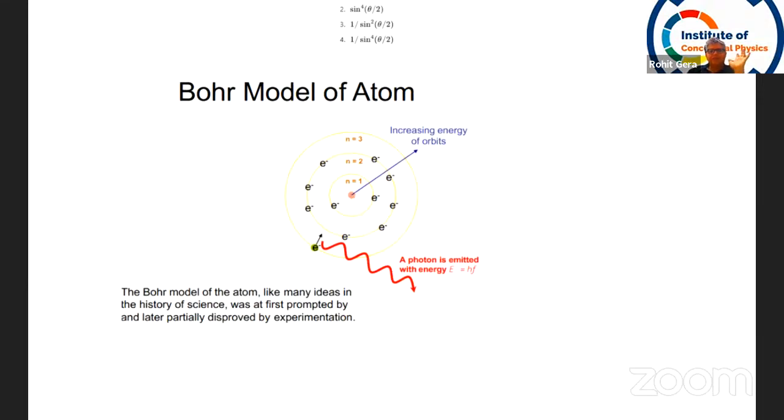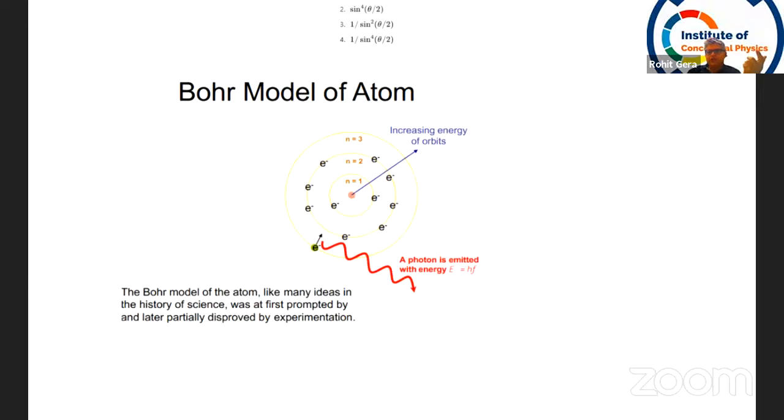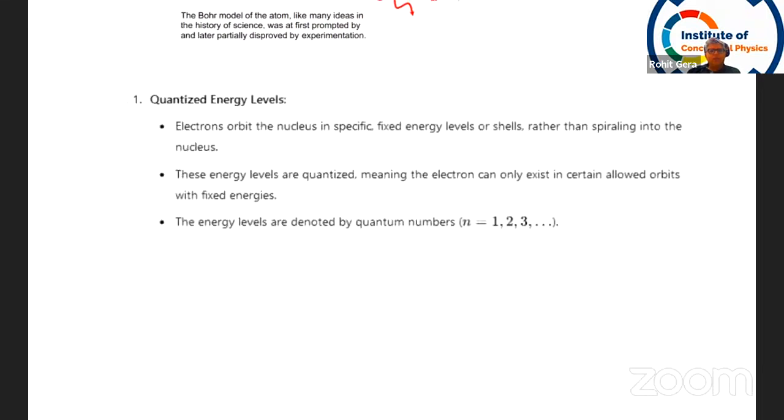But let's come to the very bulleted points now. The first point you study about the model: what are the key features of this model? The first thing you have to know about this model is obviously the energy always. And let's expand on the concept of energy. So Bohr said the energy levels are quantized.